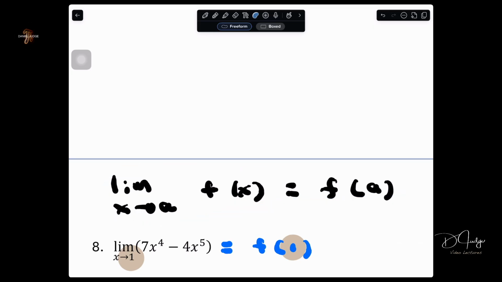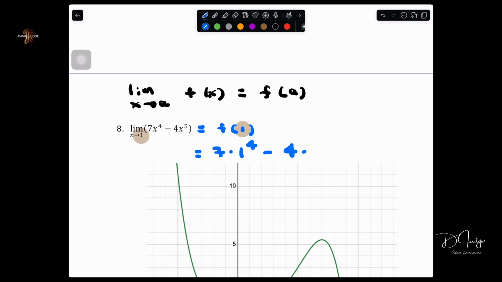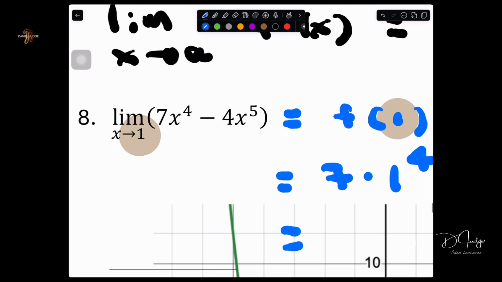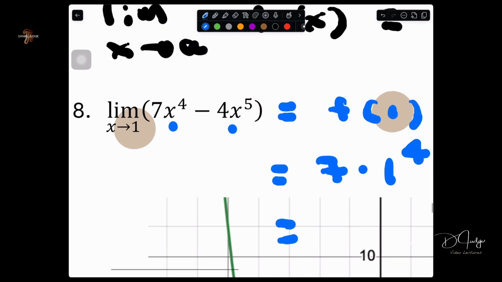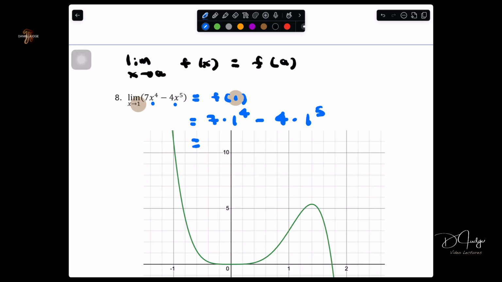All right, you guys have that there? So we take 7 times 1 to the 4th power minus 4 times 1 to the 5th power. Okay, we're plugging in 1 into that function here. That's what they mean by just simply evaluate the function.